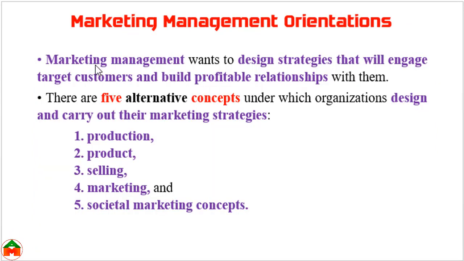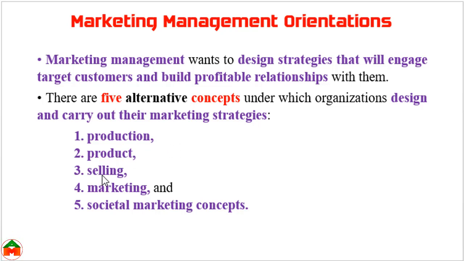Now we are going to discuss the marketing management orientations. As a marketing manager, you have to design a strategy that will engage the target customers and build profitable relationships with them. And for that purpose, there are 5 alternative concepts to design a good marketing strategy. The first concept is the production concept. The second is the product concept.